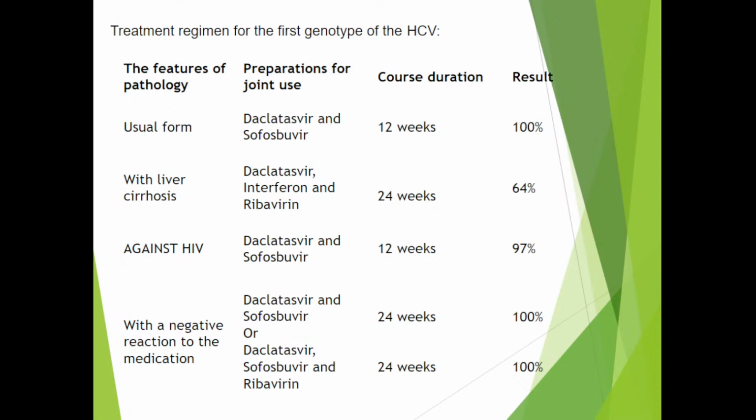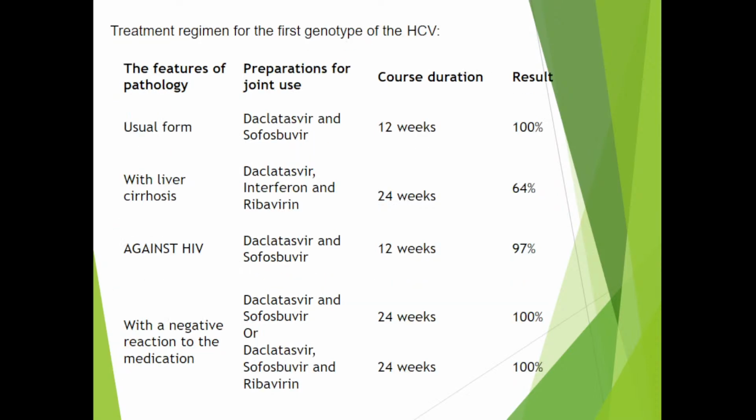It seems not that high, but you haven't seen the old treatment. It's still better than it was. If it's together with HIV, daclatasvir and sofosbuvir, 12 weeks, again a bit lower results, about 97%. With a negative reaction to medication, daclatasvir and sofosbuvir, or daclatasvir, sofosbuvir and ribavirin for 24 weeks.